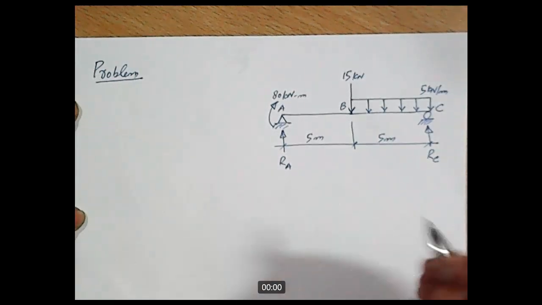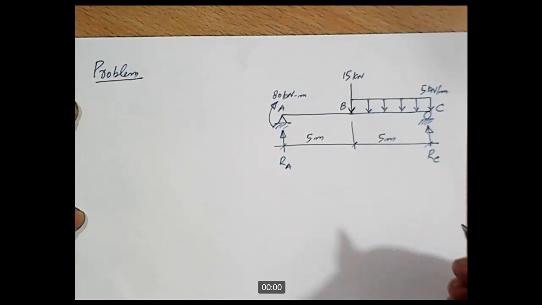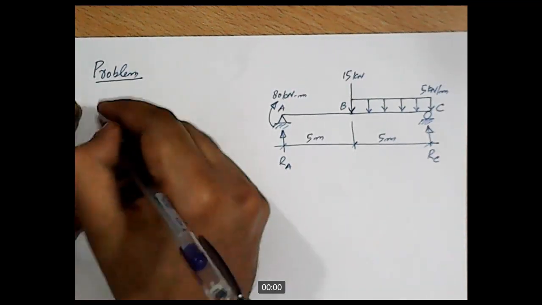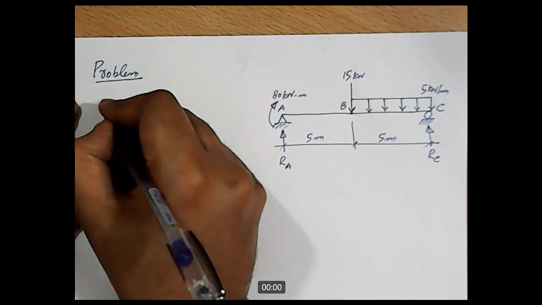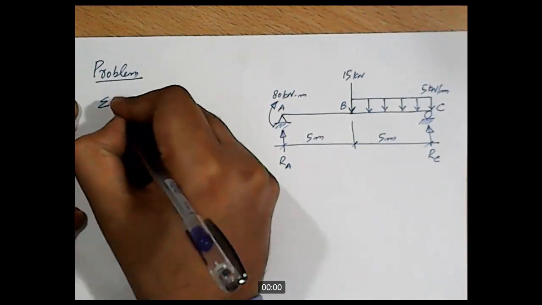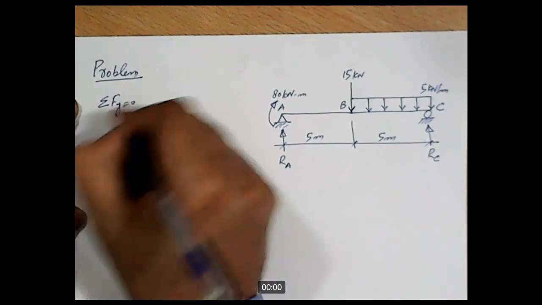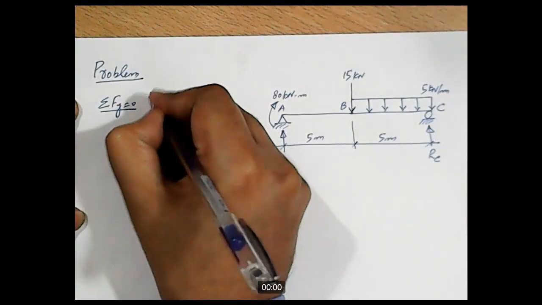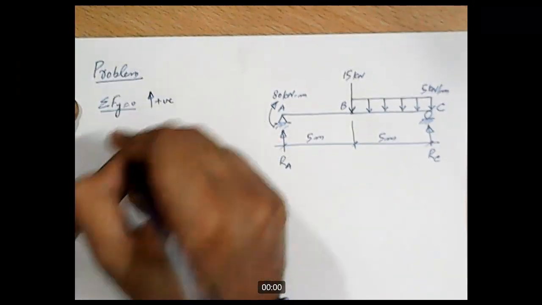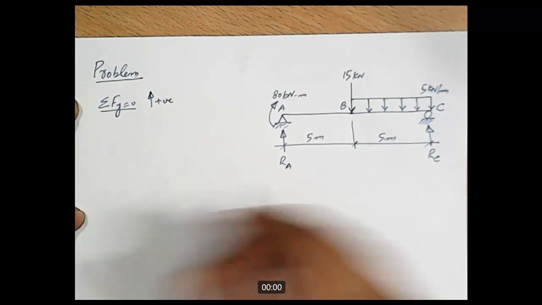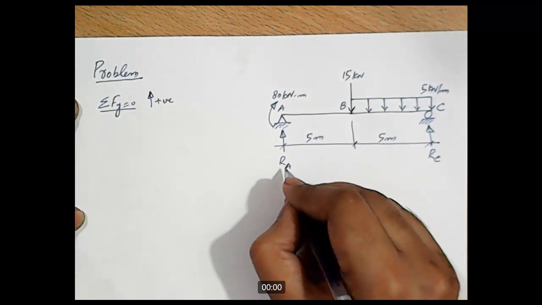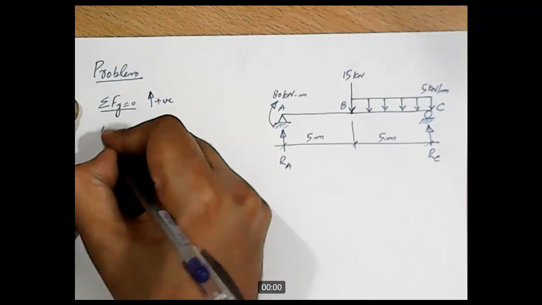Okay, so for reaction calculation, we will apply the conditions of equilibrium. Sigma Fy equal to 0, with upward forces taken as positive. So how many reactions are there acting in upward direction? RA and RC.